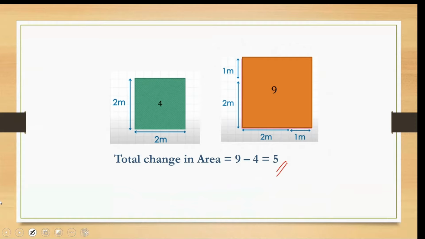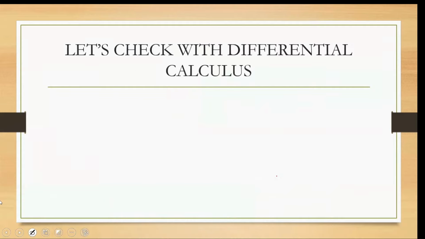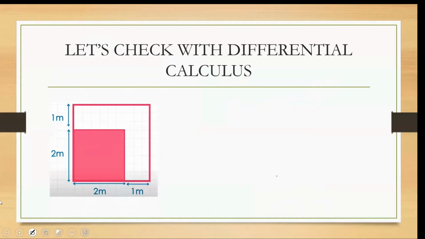So let us use differential calculus to calculate the change in area. Here we have considered a square of side length 2 meter and the change in length is 1 meter. Okay, so x value is 2 and dx value is 1.